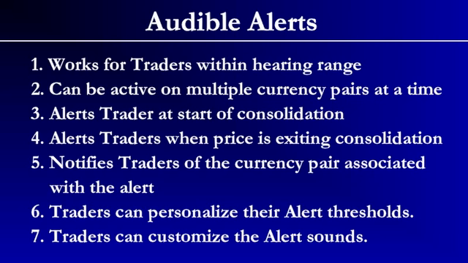So you could have 2, 3, 4, 5, 6, 7, 8 currency pairs that are being monitored, each with audible alerts enabled. And they will alert the trader at the start of consolidation. And they will alert the trader when exiting consolidation.